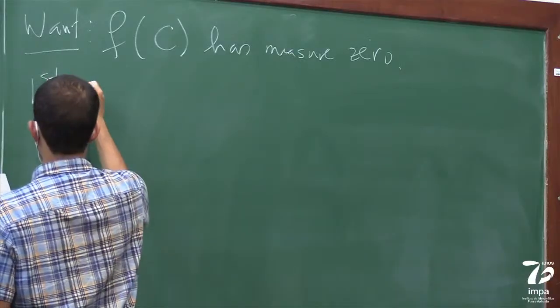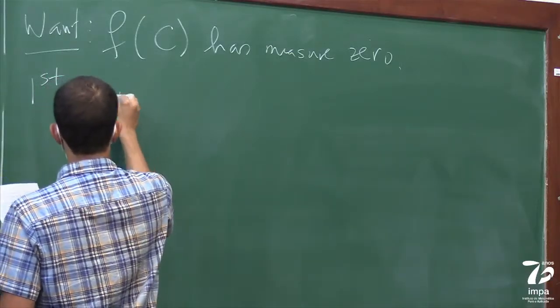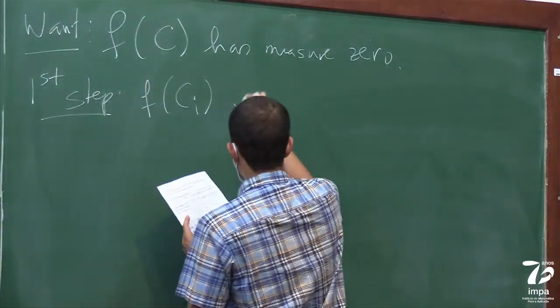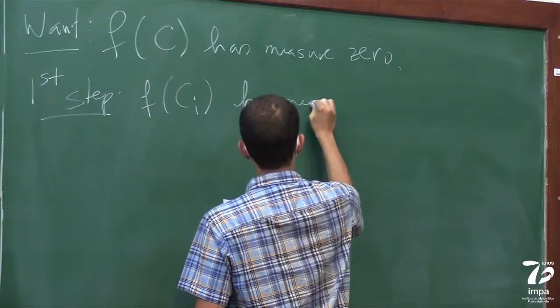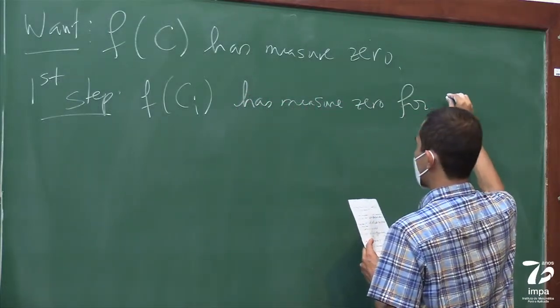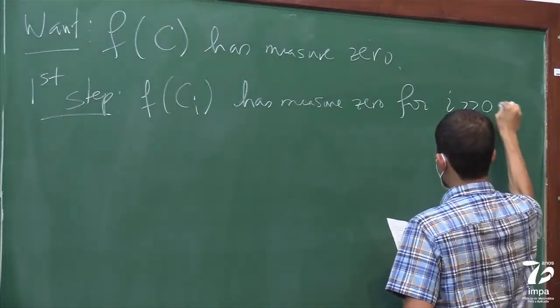The first step is to show that f of Ci has measure 0 for i sufficiently large.